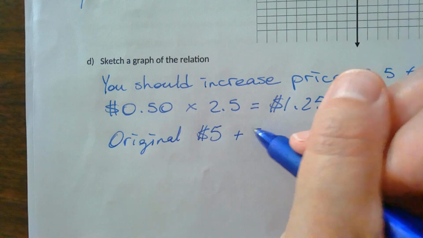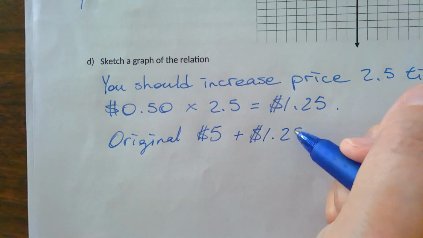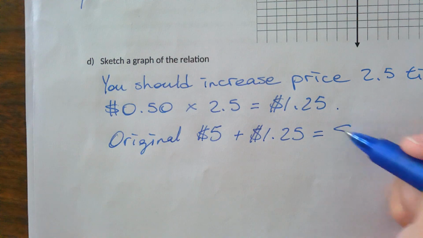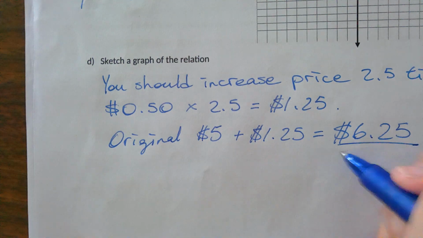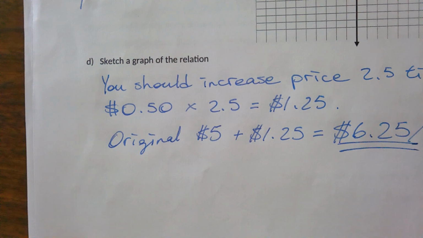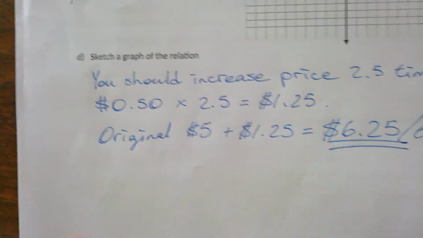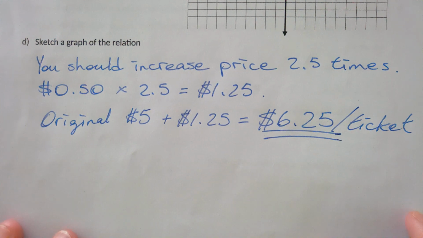So if you add $1.25 to it, it means it's gonna generate the most money. That's $6.25 per ticket. At $6.25 per ticket, that's when it will generate the revenue of $1,562.50. Okay.